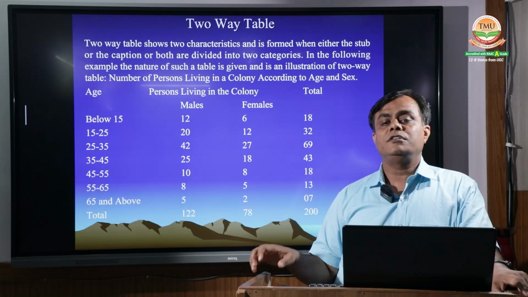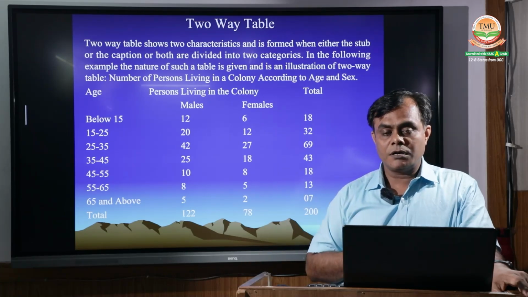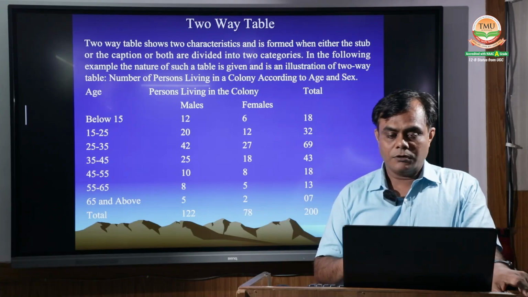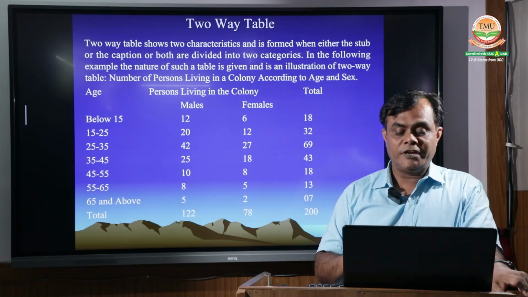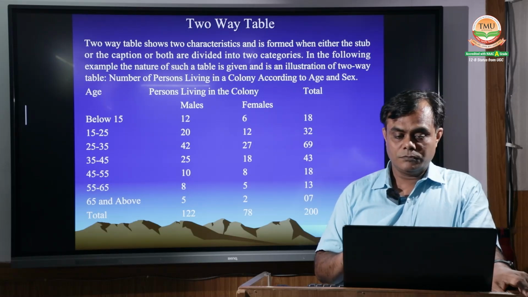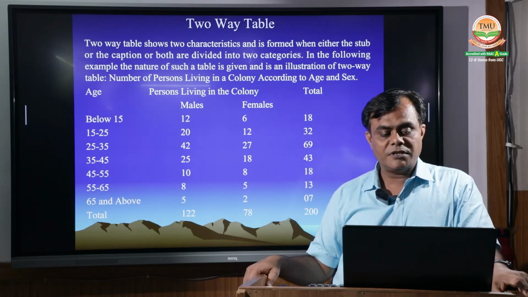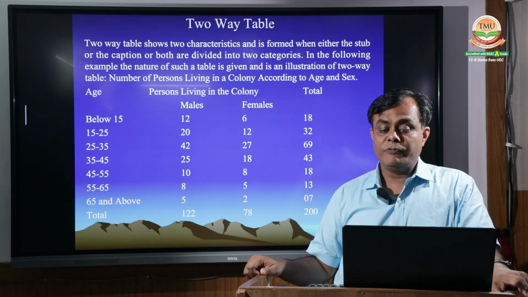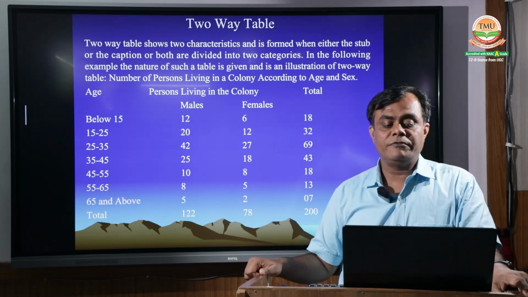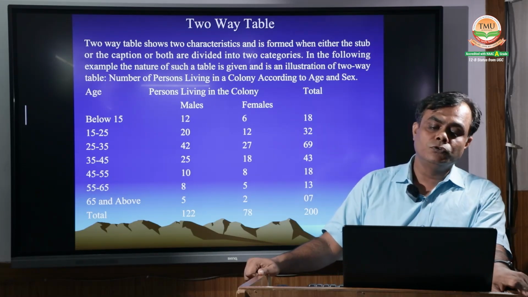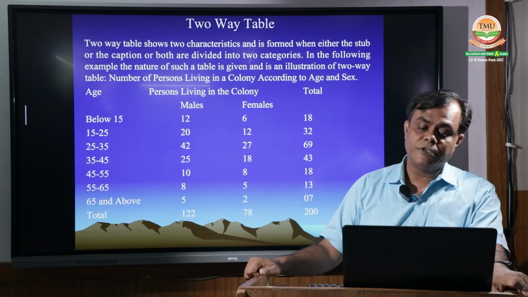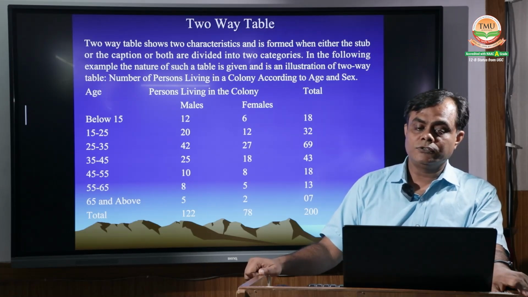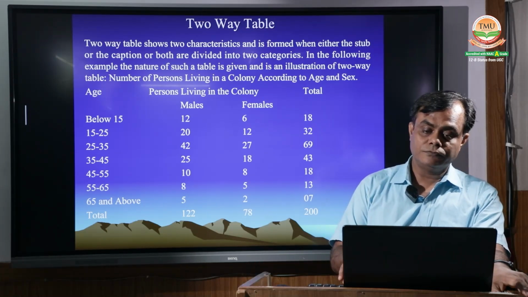So in this way this table may become a complex table, and also this table is known as a two-way table. Here also I am giving the example of occupation, number of adults, male or female. So here we are dividing the adults into 2 characteristics, male and female. So that also becomes a two-way table.